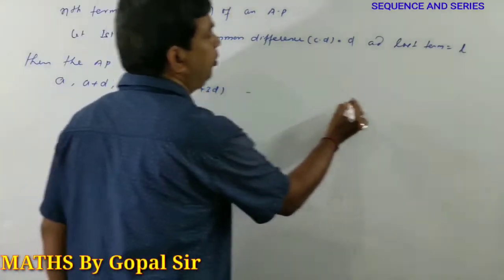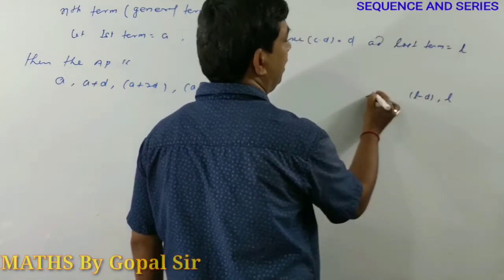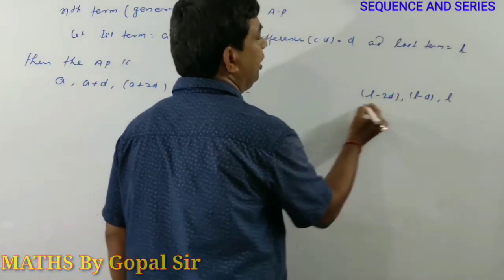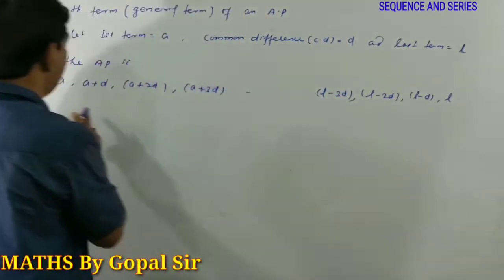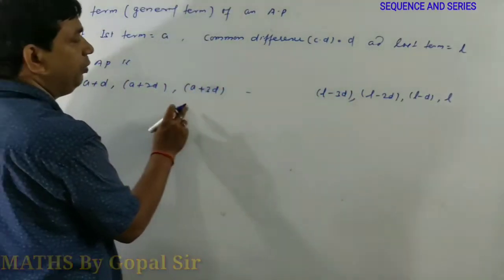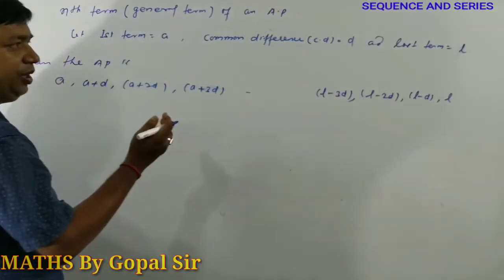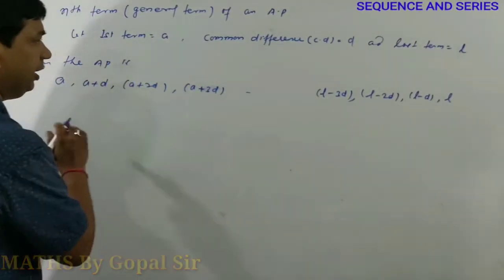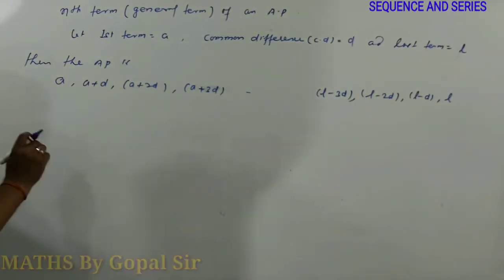In this way if you move on, the last term is L, and before this are L minus d, L minus 2d, L minus 3d. From this side we add d to each term, and from the last we subtract d from each term. This is an AP because the common difference is constant.